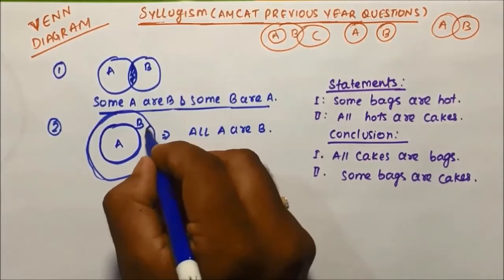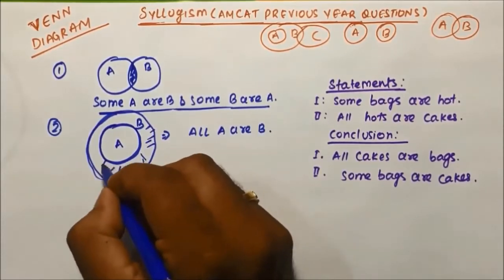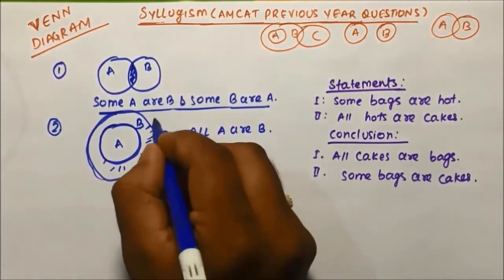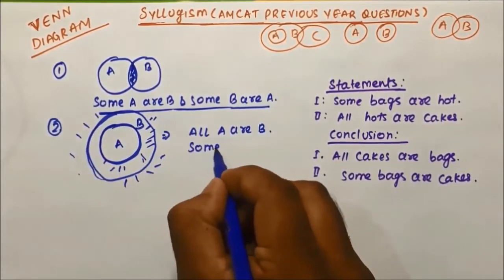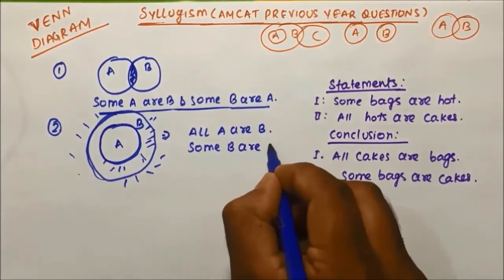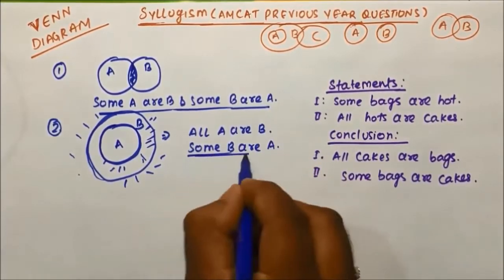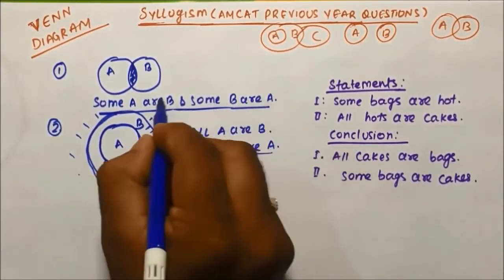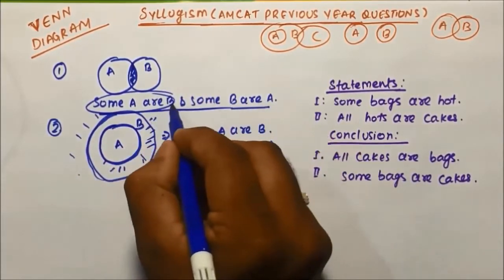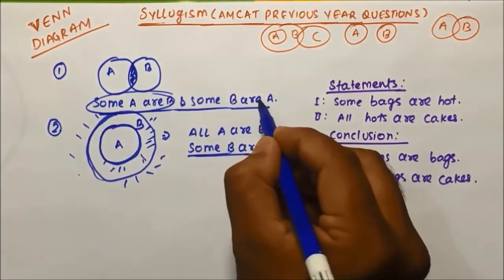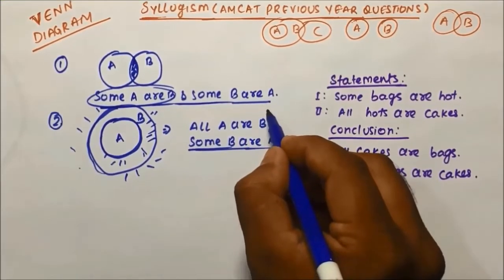Only some part of B is touching A, and the other part of B is outside, so we can only say some B are A. Now if some B are A, then you can also say some A are B, because from the earlier diagram we know that if some A are B, then some B are A, and if some B are A, then some A are B.